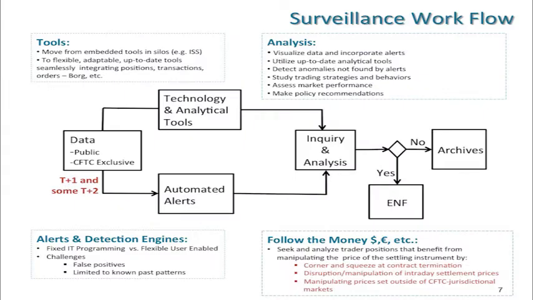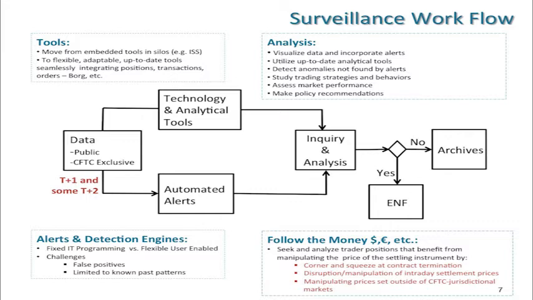This next slide shows a bit about the workflow. On the far left-hand side, you will see that the data we receive for abuse detection is generally T+1 or T+2. Publicly available data, such as cash commodity prices and storage and supply information, are available the same day and can be used in conjunction with this data.